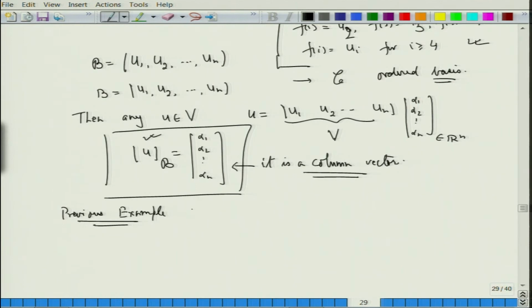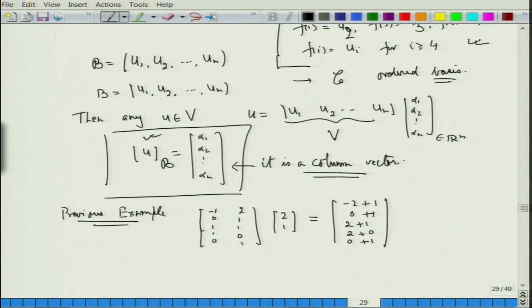So if I have got this vector, there I had u1 as -1 0 1 1 0, 2 1 1 0 1, times 2 and 1 here, this vector is going to look like -2 plus 1 0 plus 1 2 plus 1 2 plus 0 0 plus 1. I hope I am correct. I make a lot of mistakes, so be careful when you copy my things.